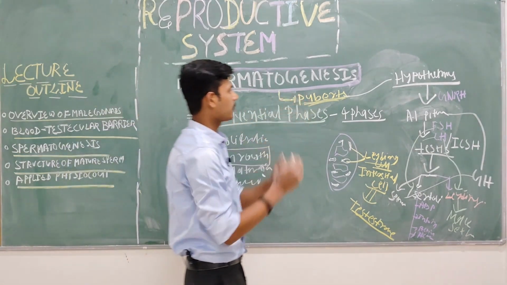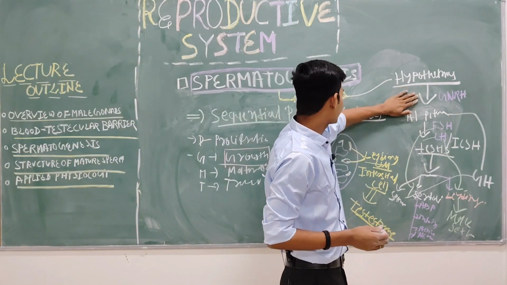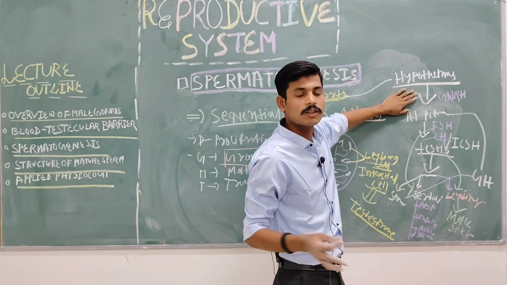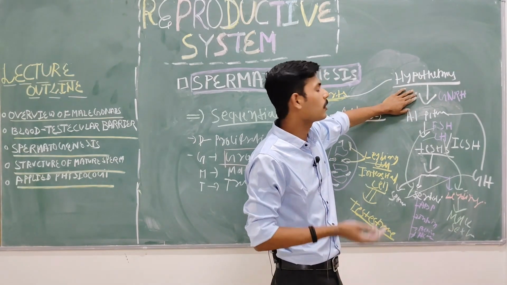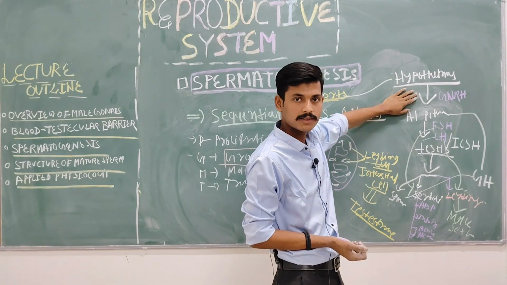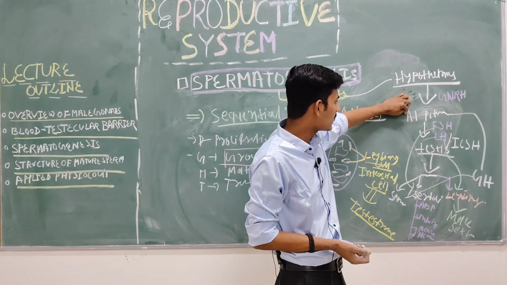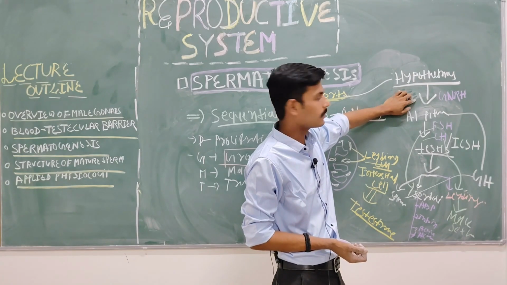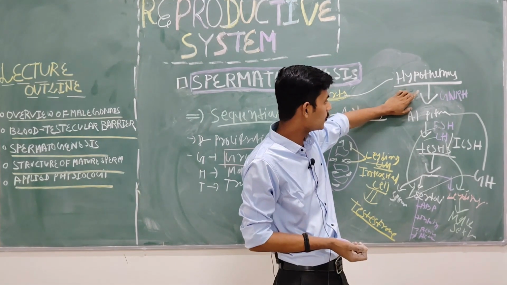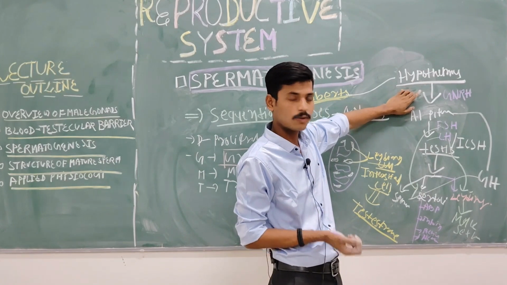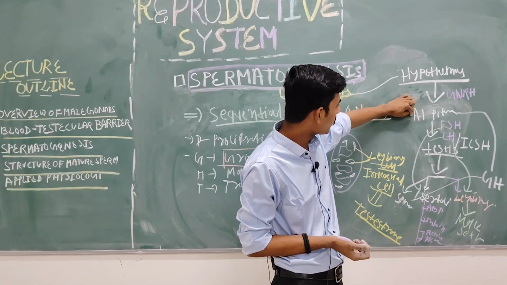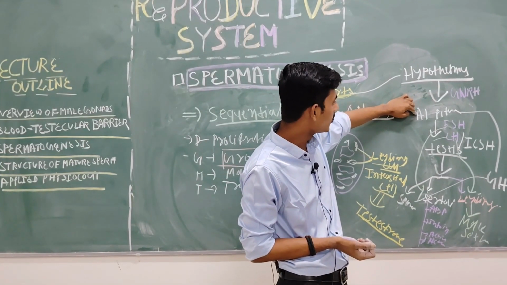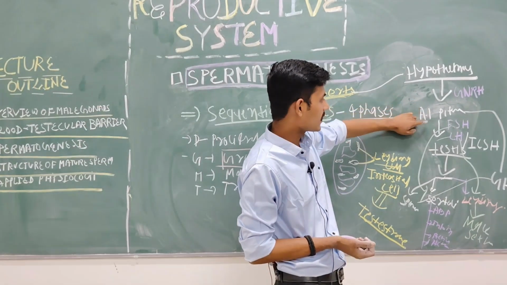Understood? Now, let me summarize it once again. As I said, spermatogenesis is not under your control. It is controlled by the higher system, your hypothalamus. The hypothalamus influences the anterior pituitary with the help of GnRH, the gonadotrophin releasing factor. By receiving it, the anterior pituitary in turn secretes FSH and LH.